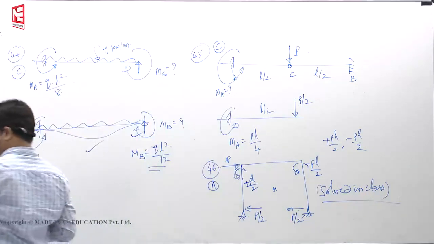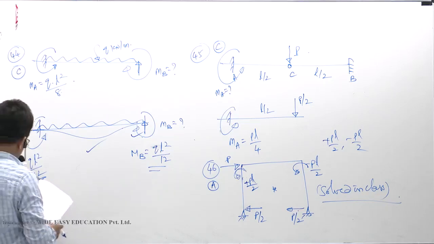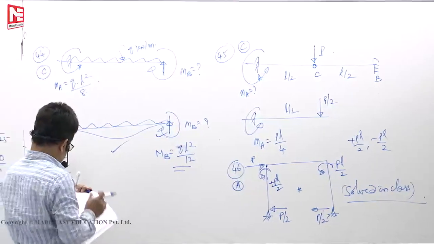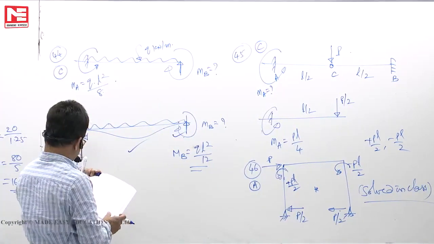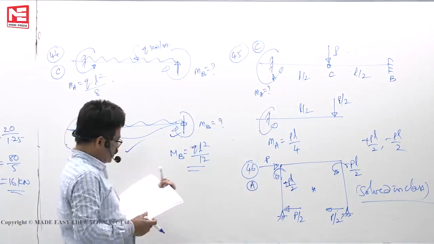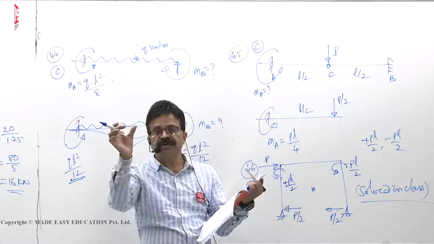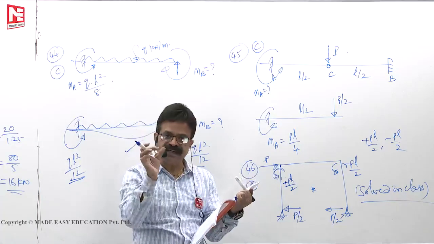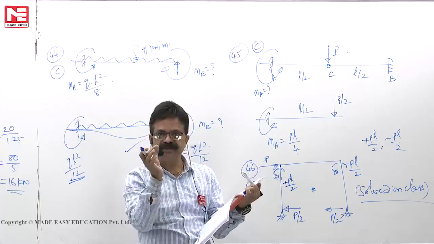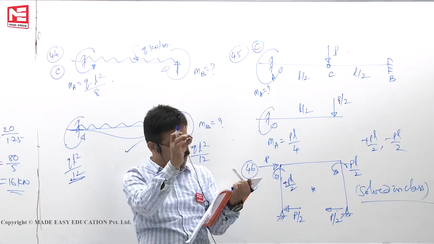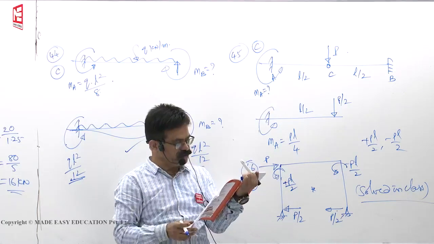Next, 47. Bending moment in the column. Already this also we solved it. 47, 100 kilonewton was there, hinges are there. So the top horizontal member behaves like a link. So 100 will be shared by the two columns. So 50 only will come. 50 into 4, 200.